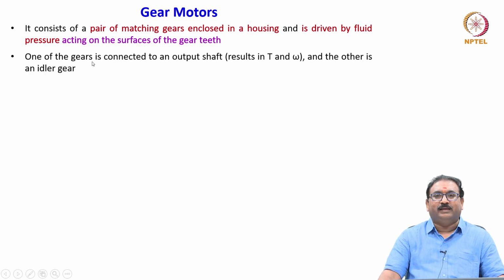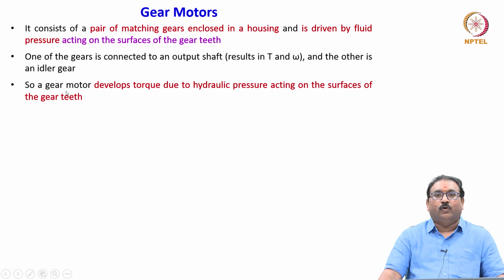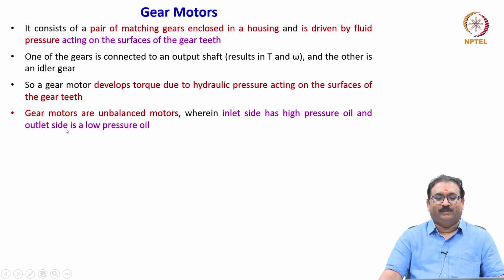One of the gears is connected to the output shaft, where we want the torque and the angular velocity, and the other is an idle gear. So, a gear motor develops torque due to the hydraulic pressure acting on the surfaces of the gear teeth.